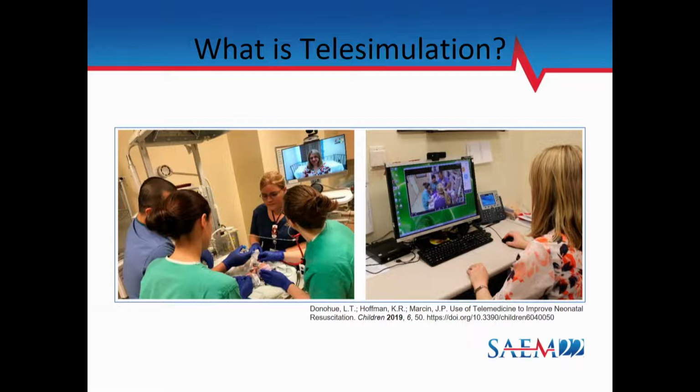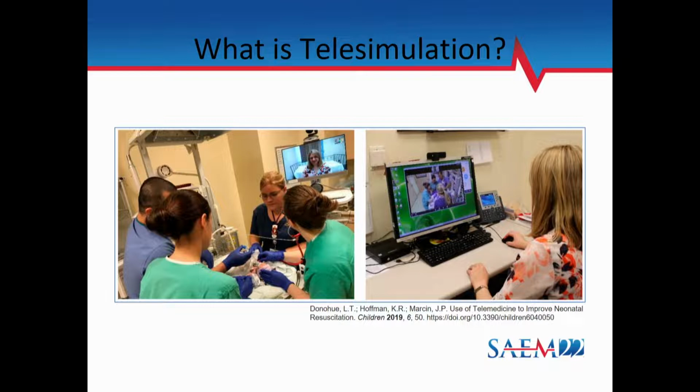Telesimulation is defined by using communication technology to provide simulation education in which educators and learners are geographically separated. And this can take a range of forms. In this example here, you have learners in a physical sim lab environment while a remote facilitator observes the learners' actions and provides a debriefing afterwards.